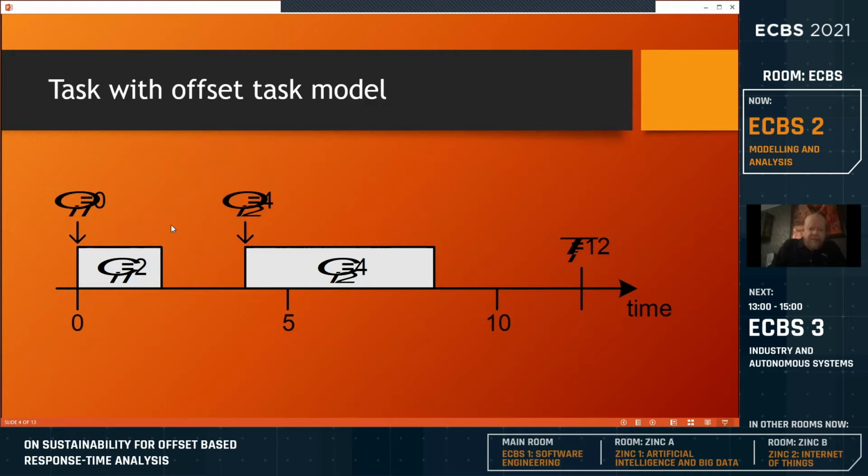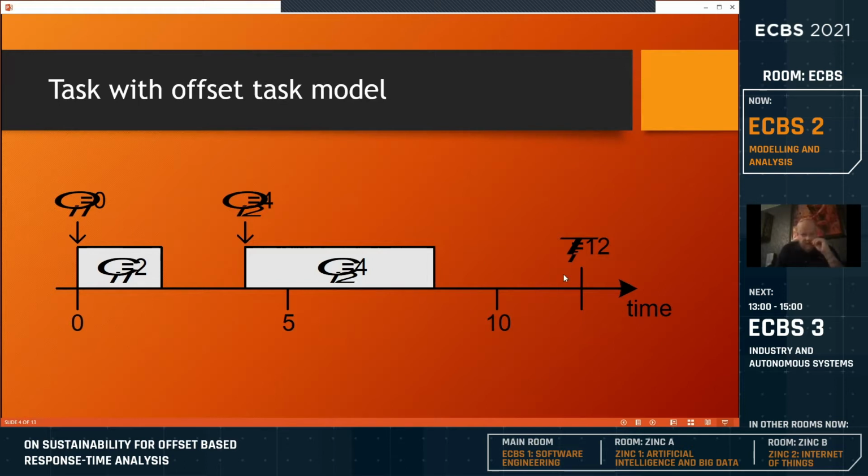In the traditional response time analysis, it was assumed that worst case workload occurs when all tasks are released simultaneously. However, when we have offsets, here we have a task executing for one time unit, or is it two, with an offset of 0. And then at an offset of 4, we have a task that executes 4 time units.